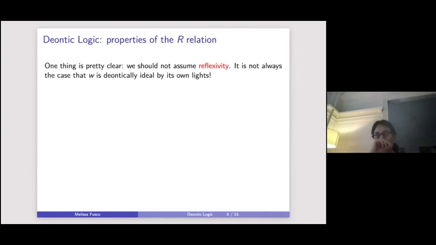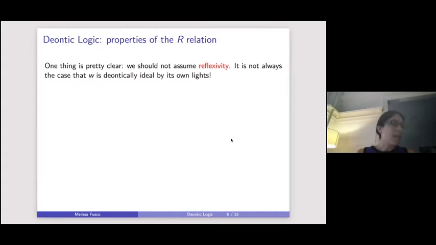But in that vein, one thing seems pretty clear. We shouldn't assume reflexivity, right? It's not always the case that a world w is deontically ideal by its own lights. A natural example would be the actual world. One would think, according to most standards of deontic ideality, our world is not perfect.